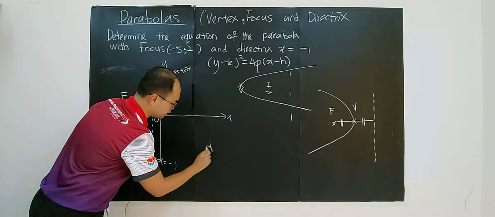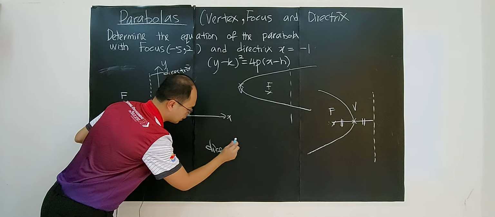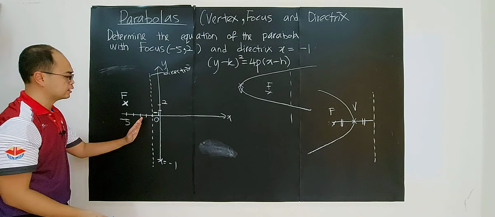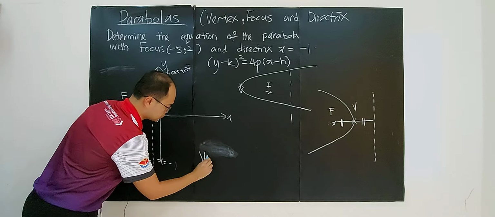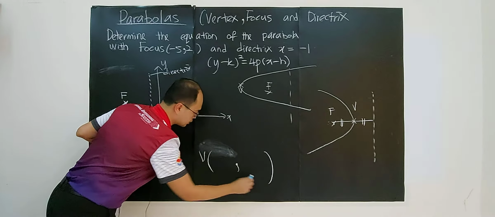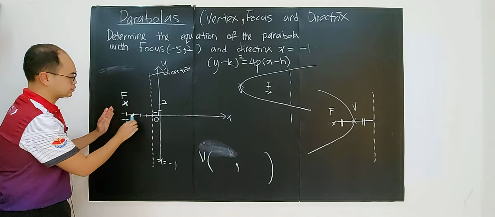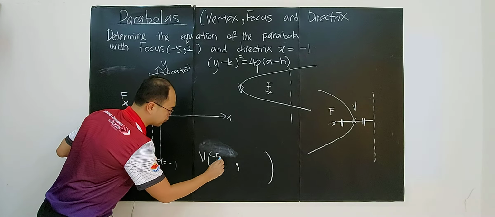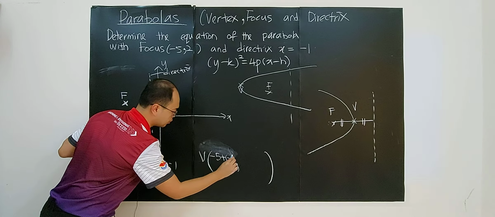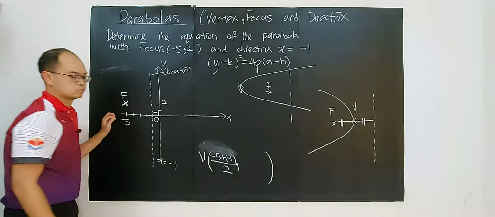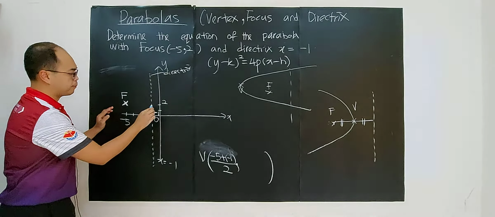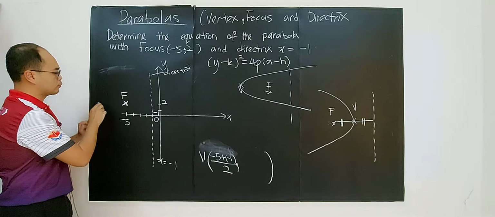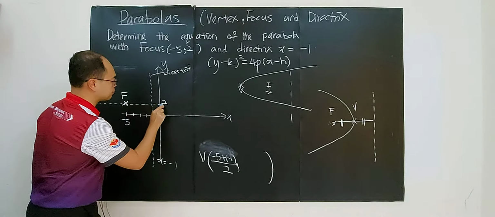So the x value of the vertex, right? The vertex here will definitely be here. So the x value for the vertex will be in between -5 and -1. So it's a midpoint, -5 plus -1 over 2, right? So it's a midpoint between these two, okay? Of course, it will be on the same axis, right?